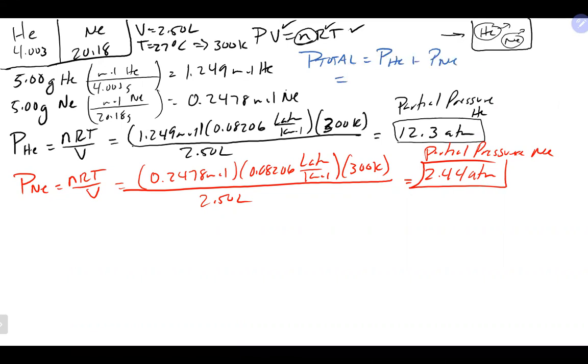That would give us 12.3 plus 2.44, which gives us 14.7 atmospheres as our total pressure in this case. So it really is just the ideal gas law used twice in this case, individually for each gas. Temperature and volume are going to be the same for everybody because they're all in the same container. Any questions on that there?